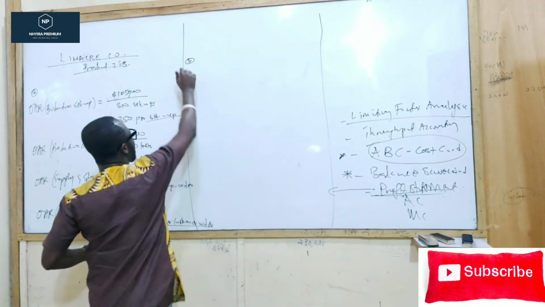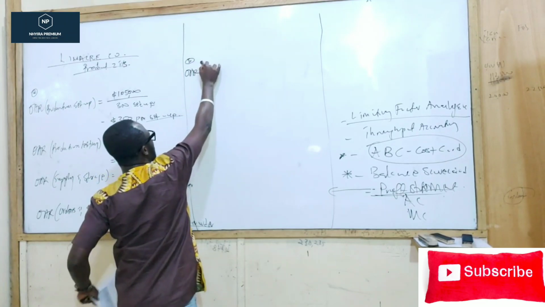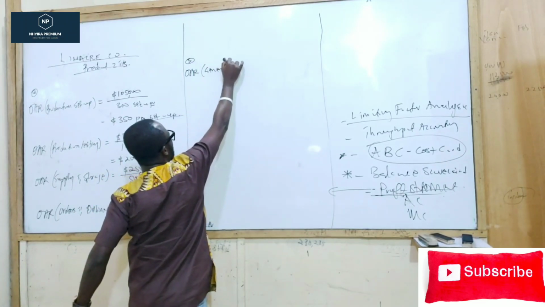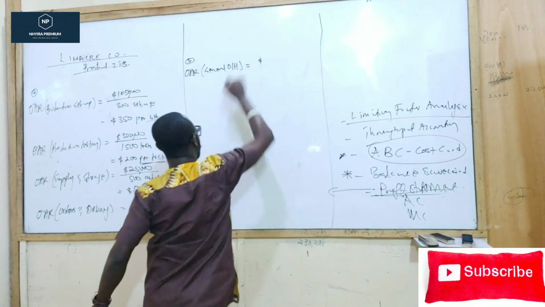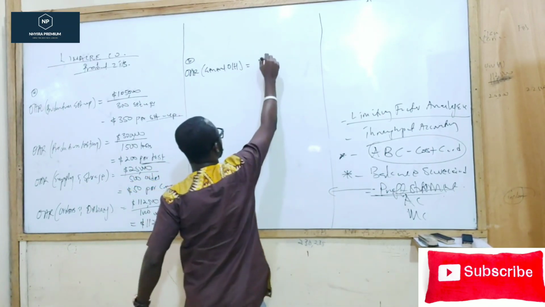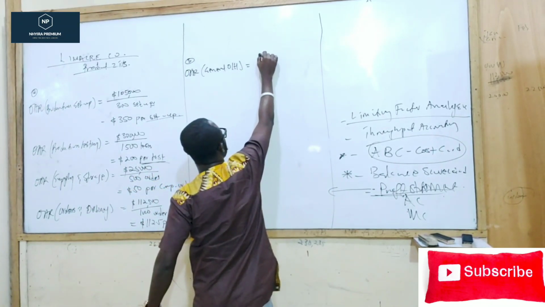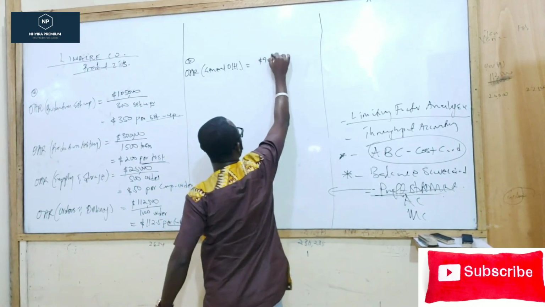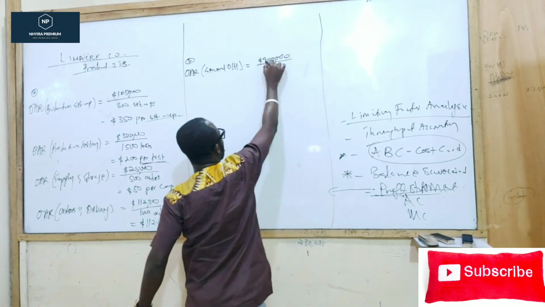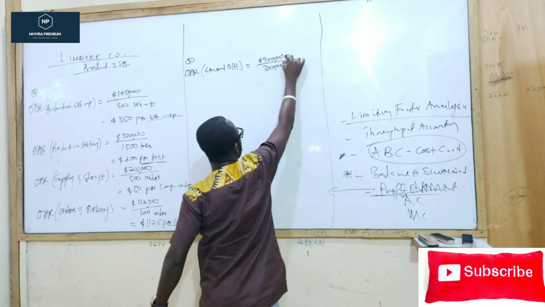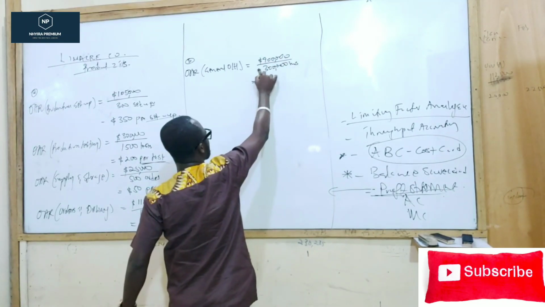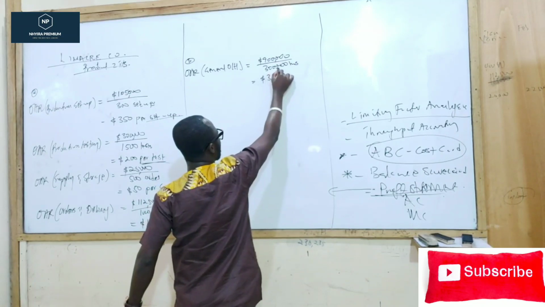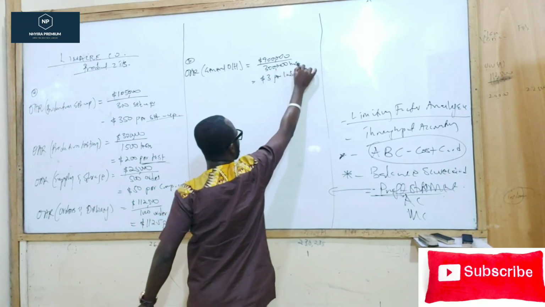We calculate the overhead absorption rate for the general overheads: $900,000 over 300,000 hours. So we get $3 per labor hour.